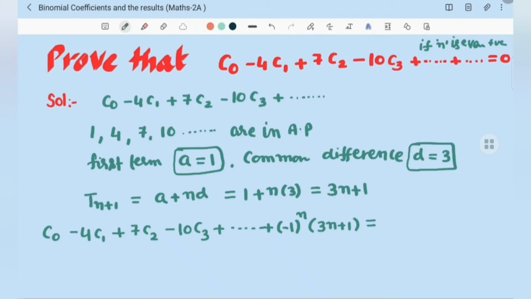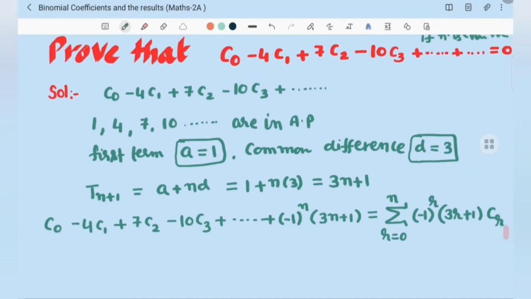This series can be written as sigma r equals 0 to n, (minus 1) whole power r into (3r plus 1) into Cr, r suffix.